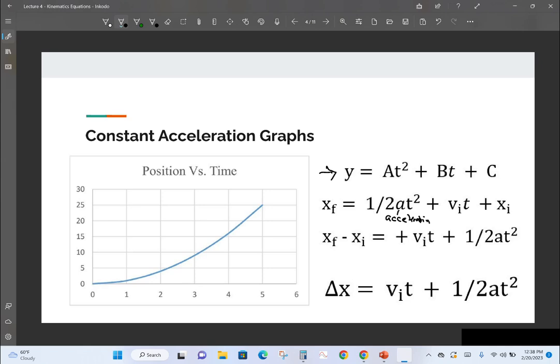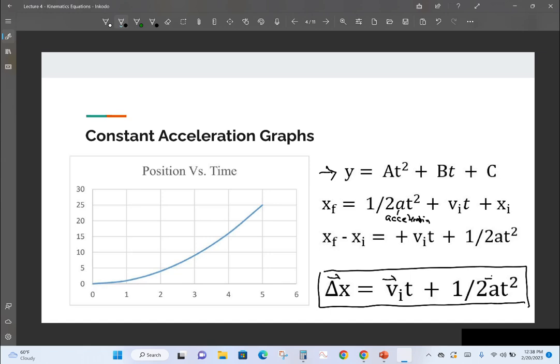A lot of times we put the positions over on one side, and we say that the change in position of an object is equal to its initial speed times time plus 1/2 of its acceleration times time squared. It's important for you to remember that these are vector quantities.